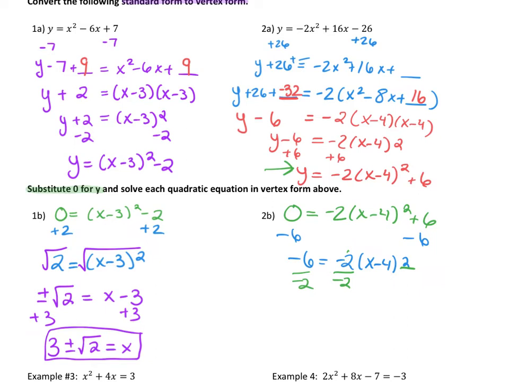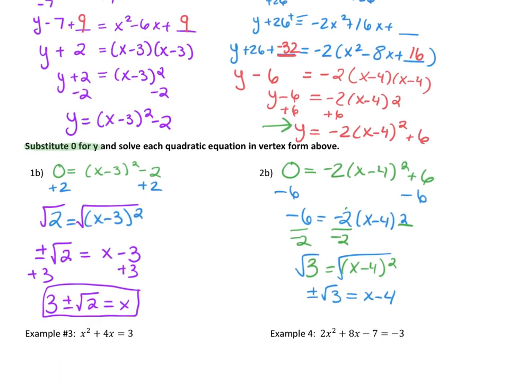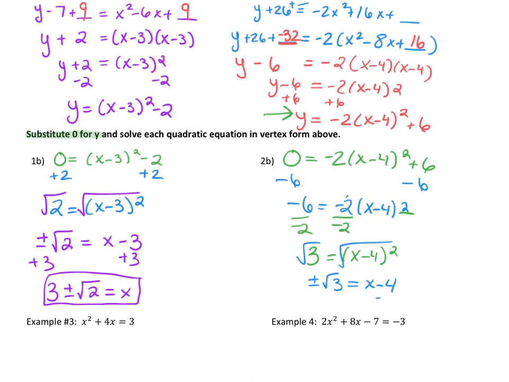That's why I'm dividing. So I'm going to get +3 equals x minus 4 quantity squared. To get rid of that squared, I am going to square root both sides. And again, 3 is not a perfect square, so I'm going to have plus or minus the square root of 3 equals x minus 4. So to finish solving this, I'm going to add 4, and I'll get 4 plus or minus the square root of 3 equals x.